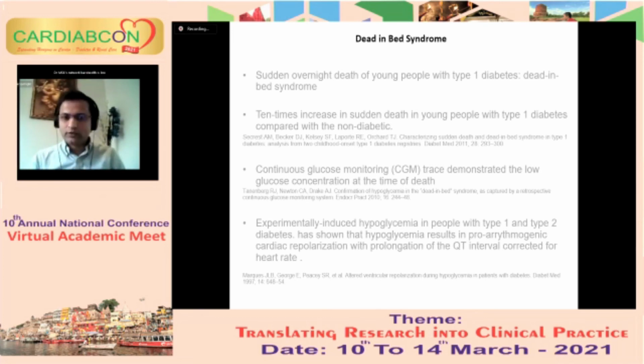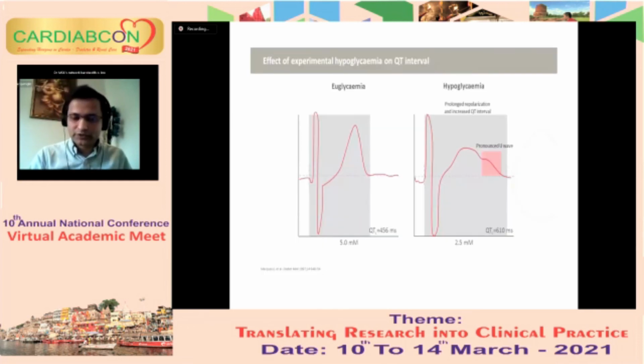What I learned from a last talk by Professor Rajan in Leeds is that if you have a wavy pattern in that CGM, that is more like hypoglycemia. If you see a straight flat line, it is because of the pressure effect rather than true hypoglycemia. Again, experimentally induced hypoglycemia was seen in type 1 and type 2 diabetes patients. As we discussed earlier, this has pro-arrhythmogenic potential and can cause prolongation of the QT interval.